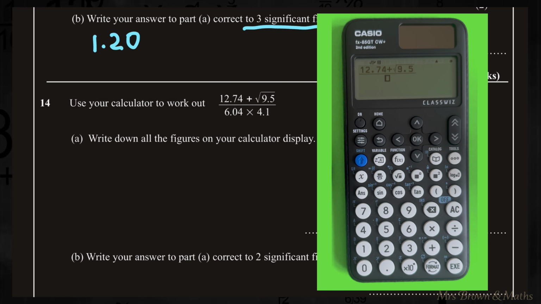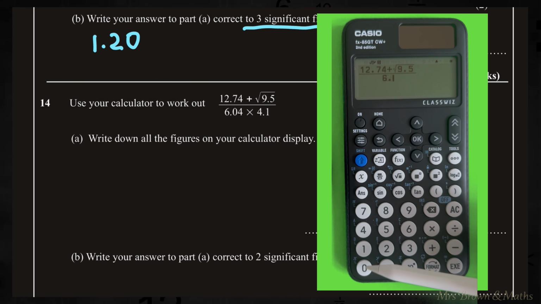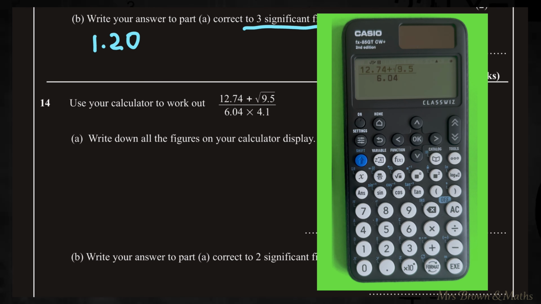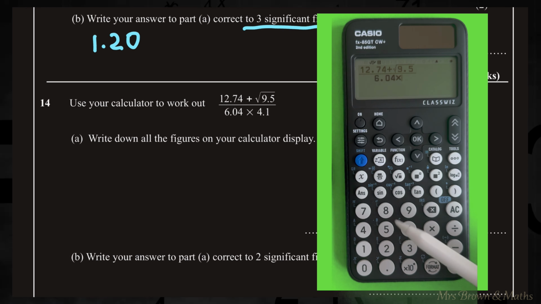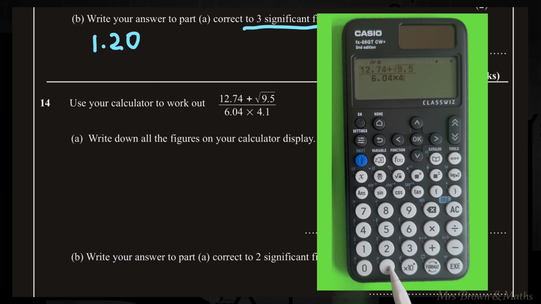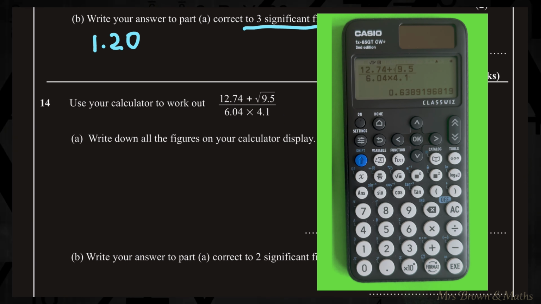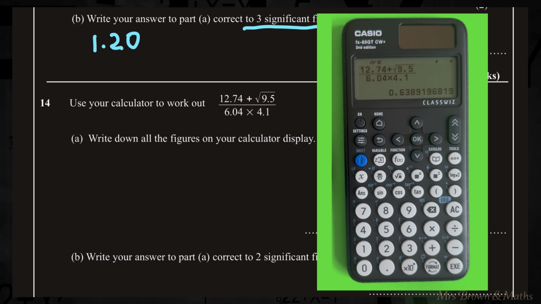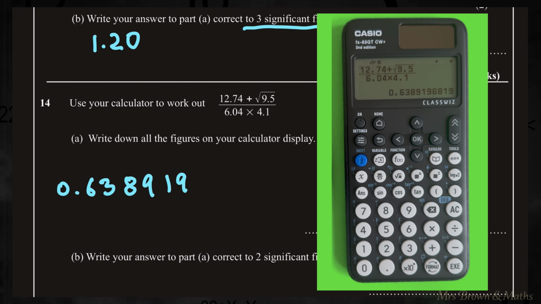Move to the bottom. 6.04 times 4.1 equals 0.6389196819.